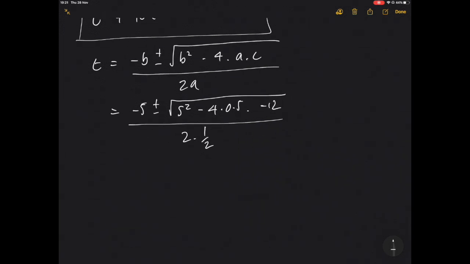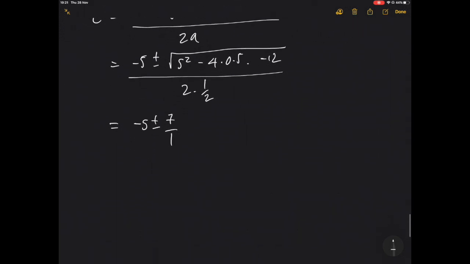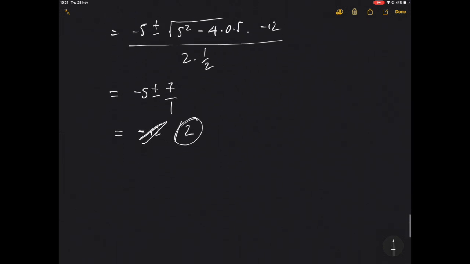That would equal minus 5 plus or minus 7 over 1. So the answer is either negative 12 or 2. We can't have a negative answer because the balls are going forward, so the answer has to be 2. So the time it takes for one ball to overtake the next ball is 2 seconds.